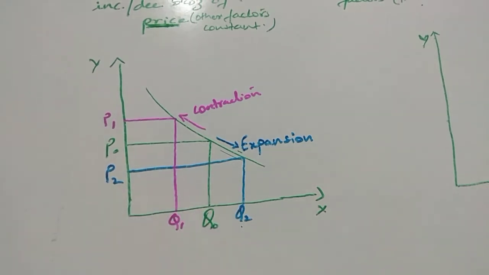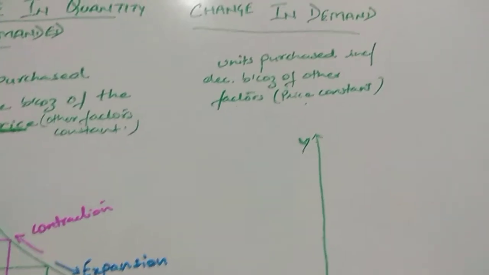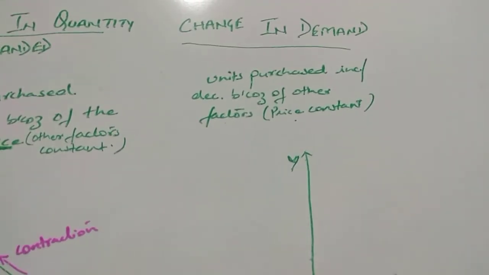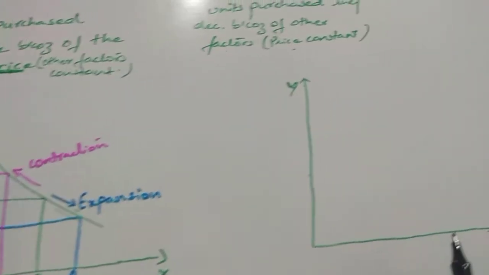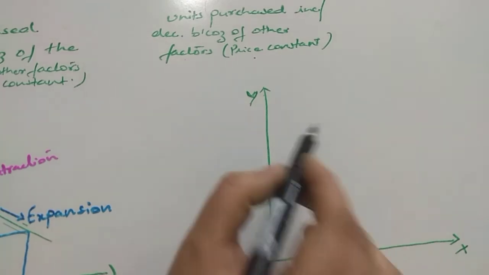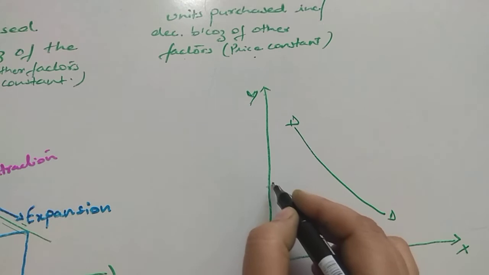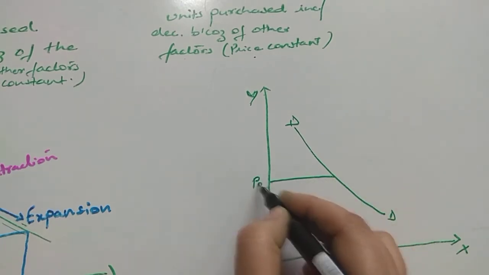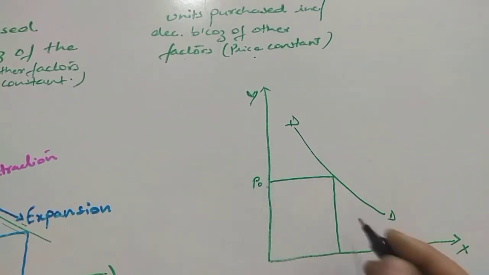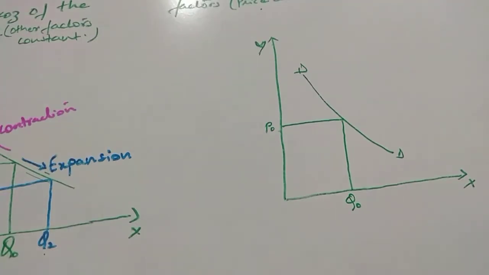Now, in case of change in demand, the units purchased increase or decrease because of the other factors. Now see, this is your demand curve. At price P, the quantity demanded is Q0. Now we assume that the income of the consumer increases. Income comes under factors other than price.